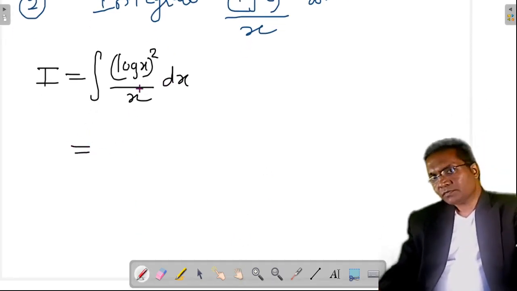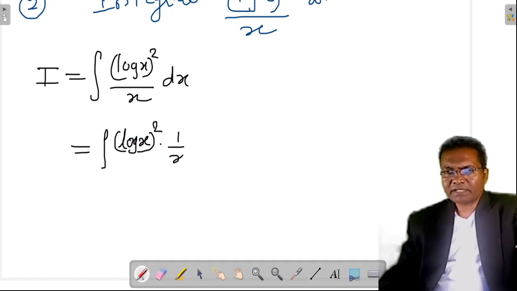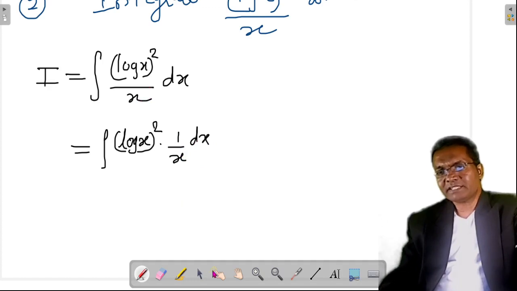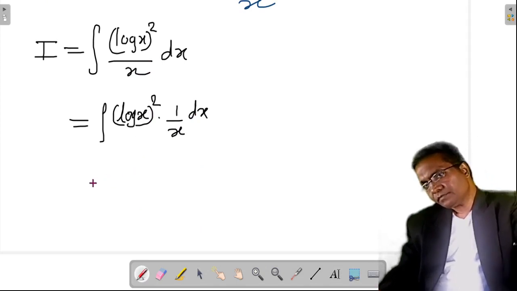I can write it in a better way so as to understand. The derivative of log x is 1 by x, so it is present here. So this by x is written as 1 by x dx. Now clearly see that the derivative of log x is 1 by x. Forget about the square.